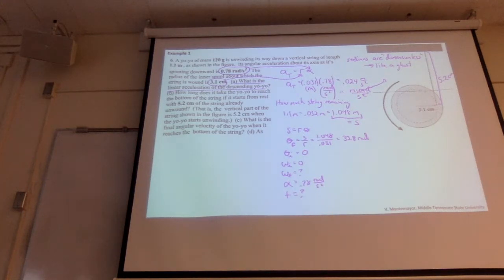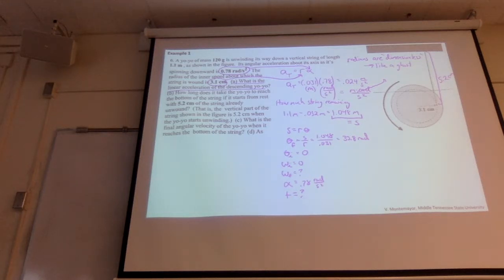And all of a sudden we're starting to do a problem that you should be kind of familiar with, right? List the variables, and then find the question marks. We got 2 positions, 2 velocities, acceleration, and time, all of them angular, except for the time. Angular time. I don't know what that would mean. That sounds strange.